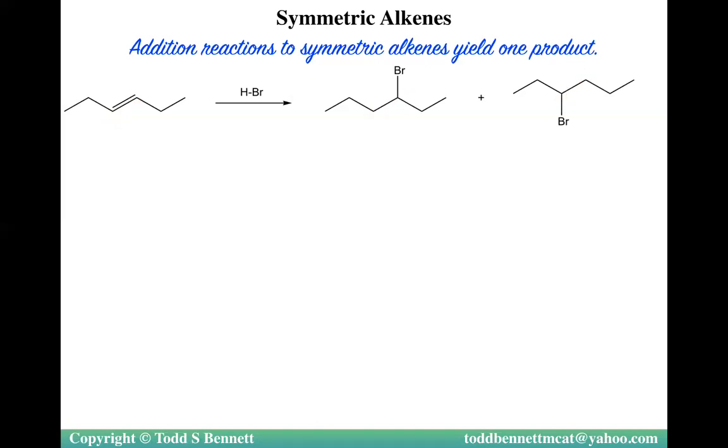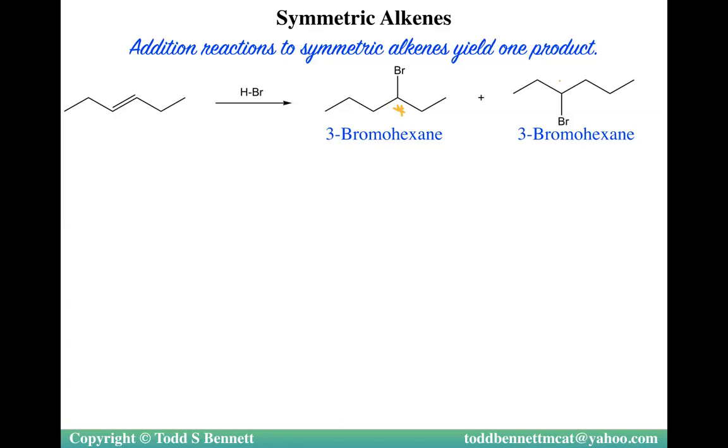But it ends up, this is 3-bromohexane, and this is 3-bromohexane. So they're both 3-bromohexane. Now, I'm going to ignore the stereochemistry question for now and just worry about regio. But we do end up with a chiral center here.